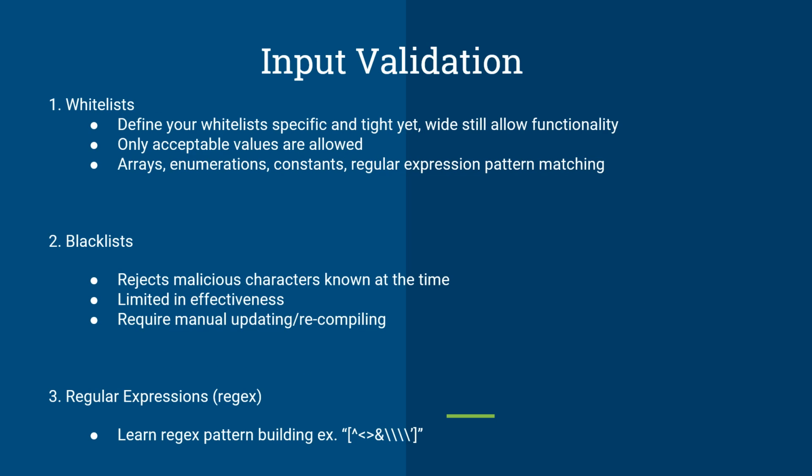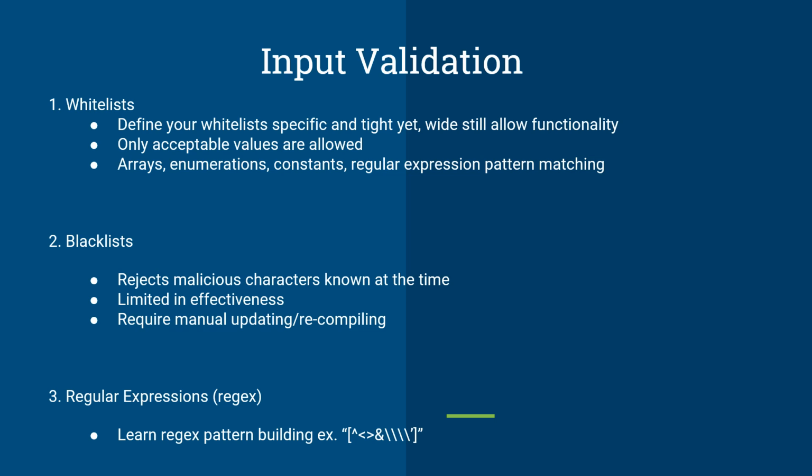Now input validation. As I mentioned, if you do not have something built into your framework already, these are some alternatives: whitelists, blacklists, and regular expression. Now whitelist we spoke about in A1 injection as another difference there. These are the same ones.